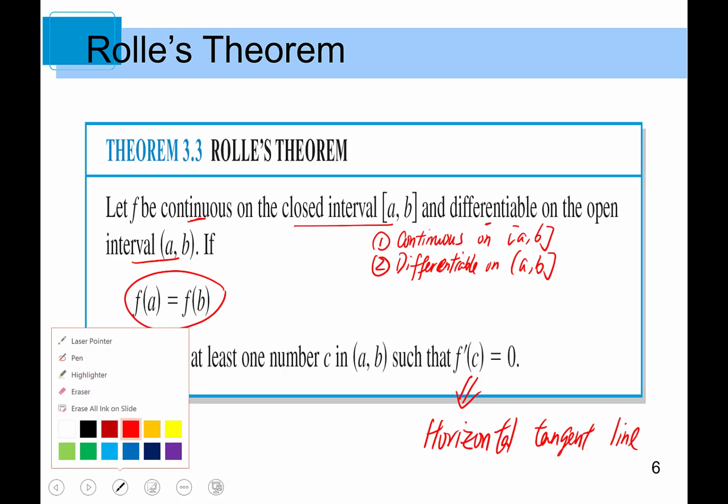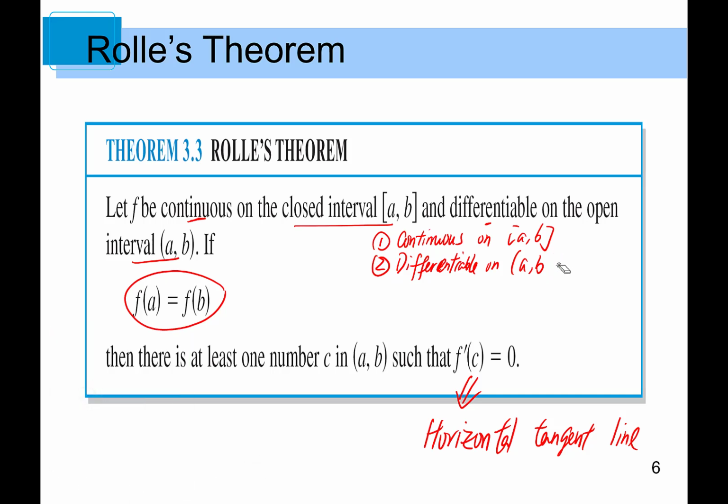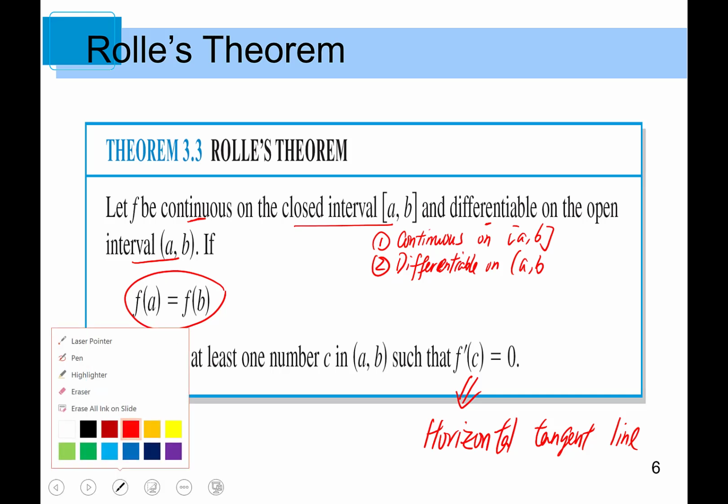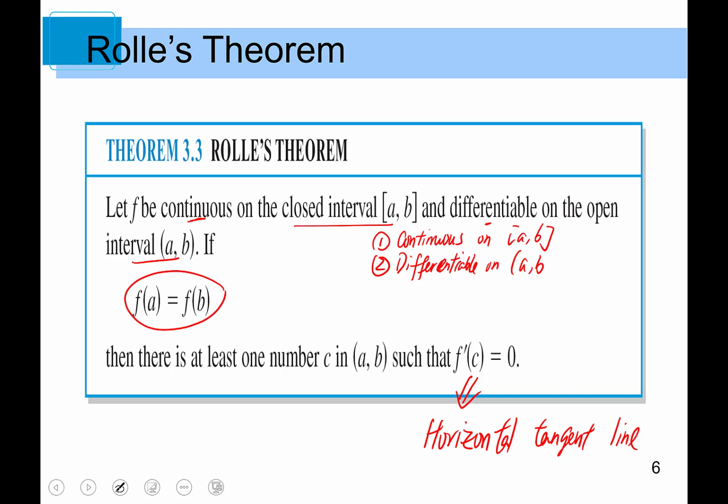And the third thing is f(a) equals f(b). If these three conditions are satisfied, we guarantee there's a horizontal tangent line within the interval.